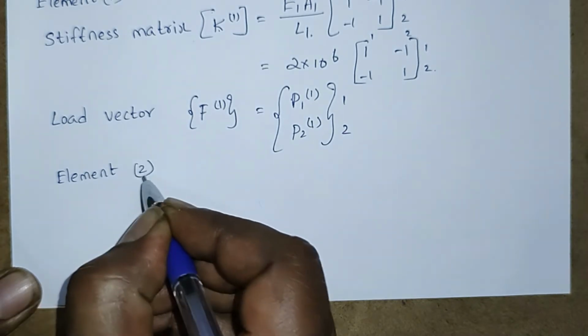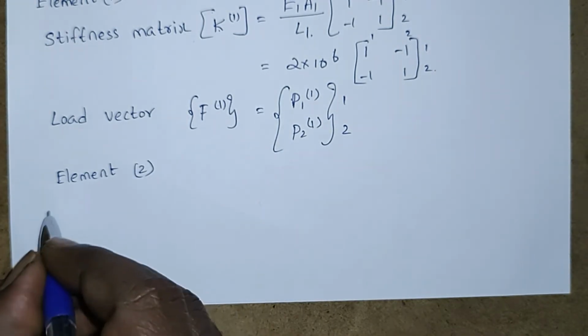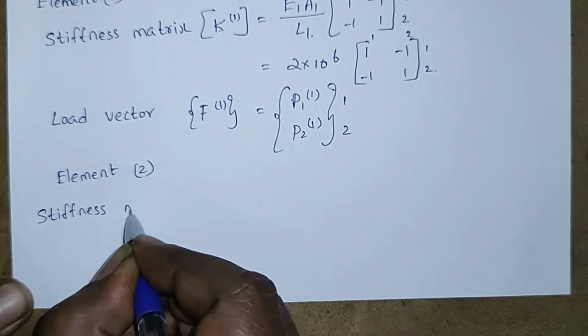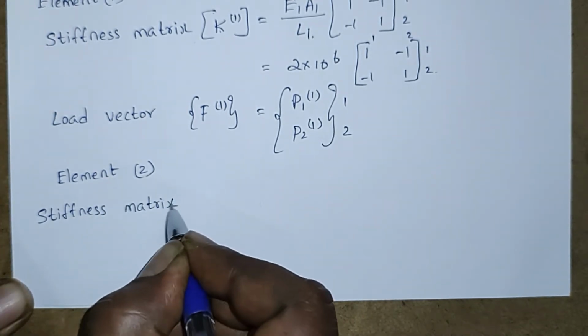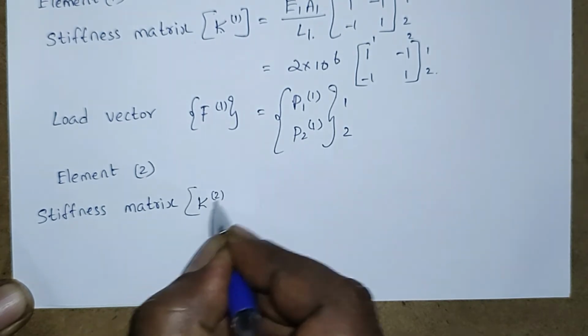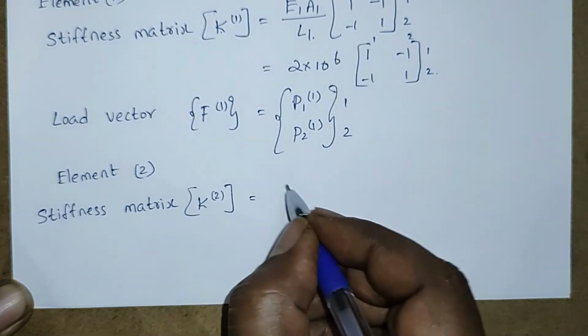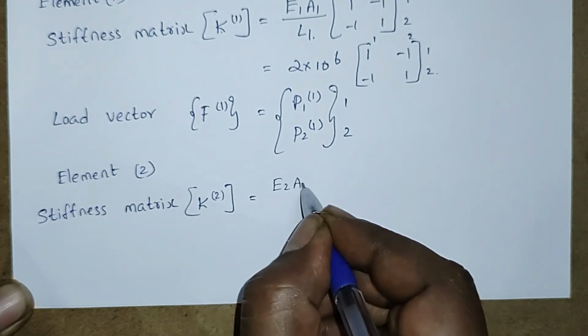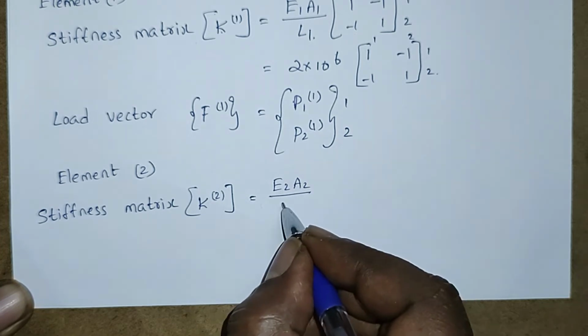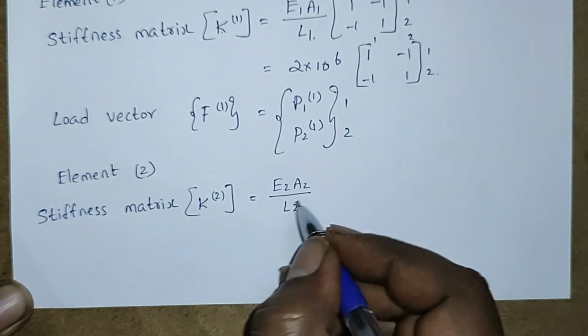Second element, again we will write the stiffness matrix for the second element. So K for the second element is the stiffness matrix, and it will be E2 into area 2, modulus of elasticity into area 2 by length 2.